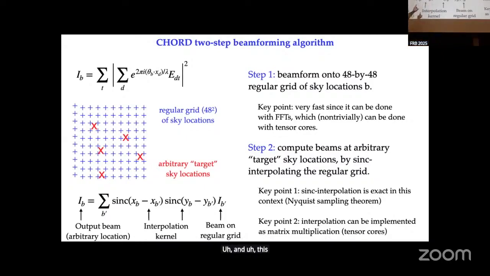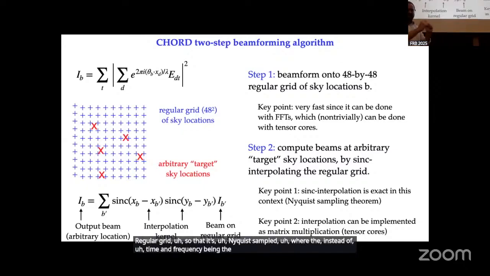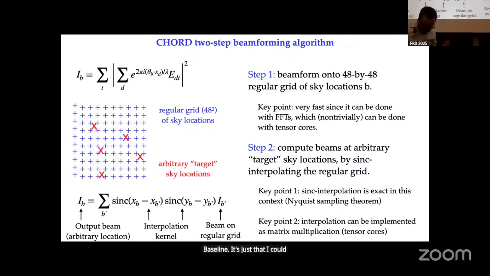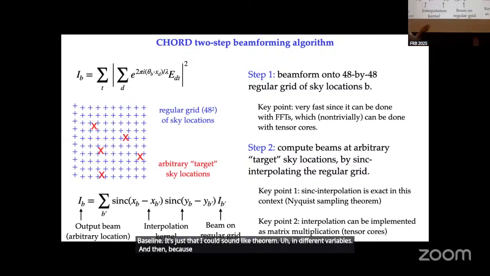This procedure is exact because we choose the spacing of the regular grid so that it's Nyquist sampled, where instead of time and frequency being the variables, it's sky location and maximum baseline. It's just the Nyquist sampling theorem in different variables. And then because this is all done with short FFTs and matrix multiplies, it can be done very efficiently on tensor cores.